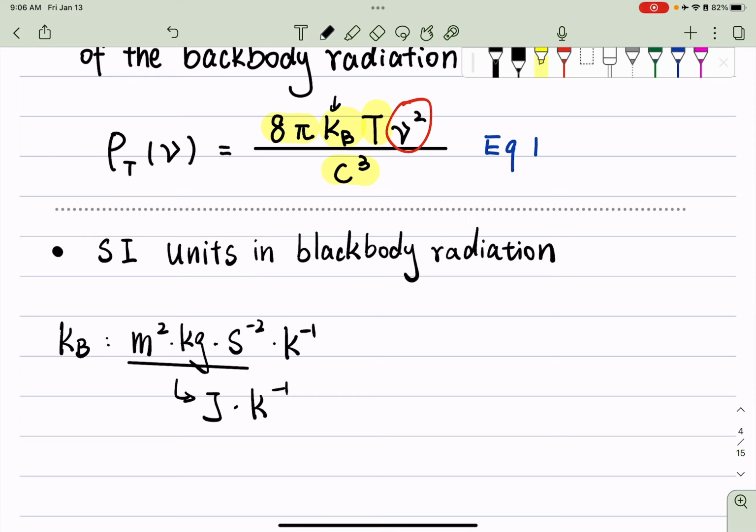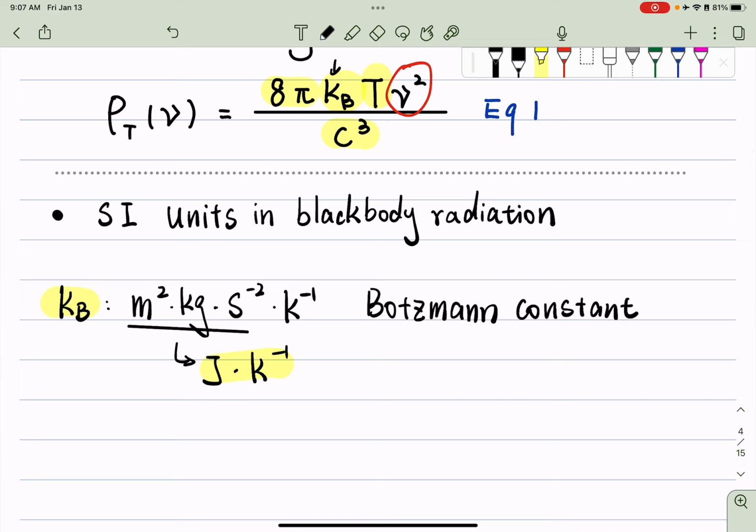All right, so that's one of our universal constants. It's called the Boltzmann constant. Right, so this is for our Kb. And then for temperature, the SI unit is K, that's Kelvin.